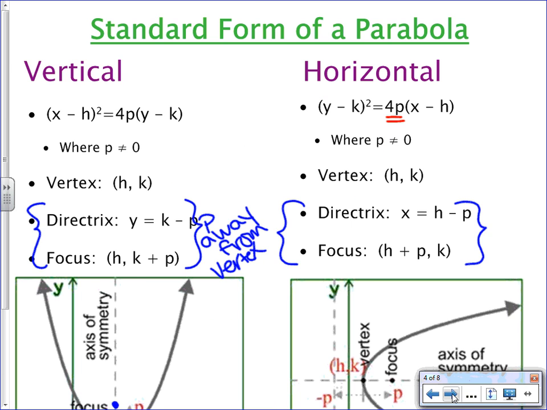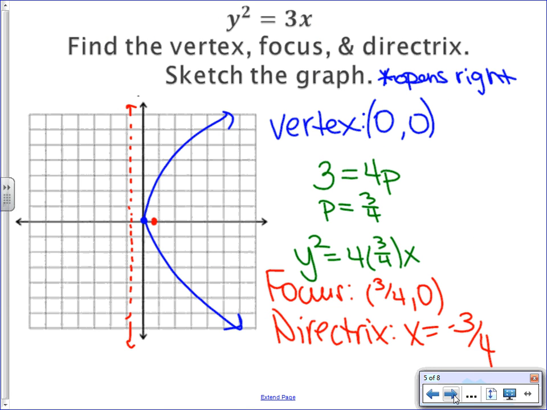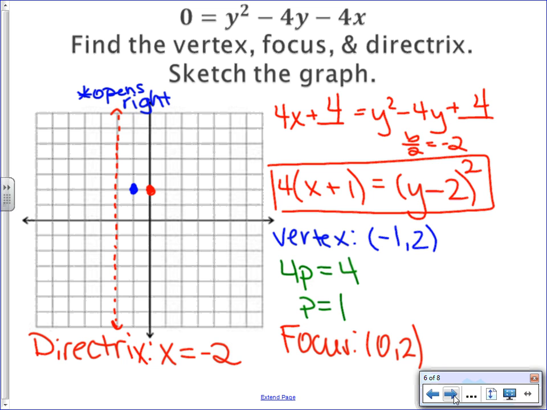Alright? So if we are to double P, what is double of P? 2. So if we double P and we move that distance from the focus to plot 2 points, notice how those 2 points are 2 away from the focus and 2 away from the directrix.